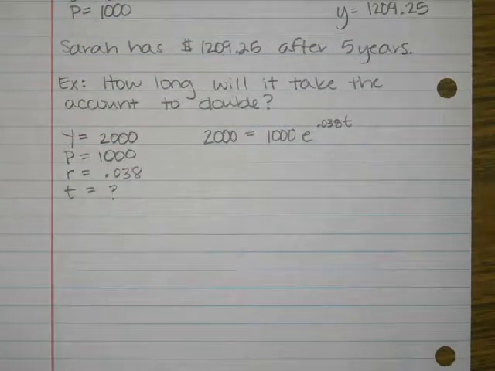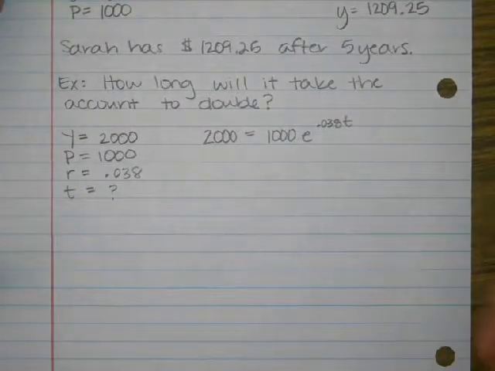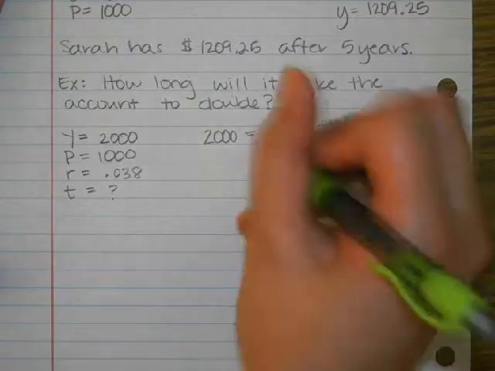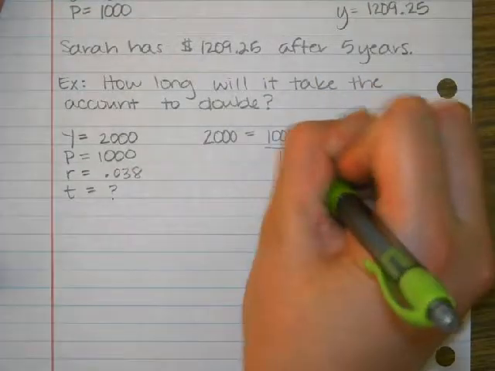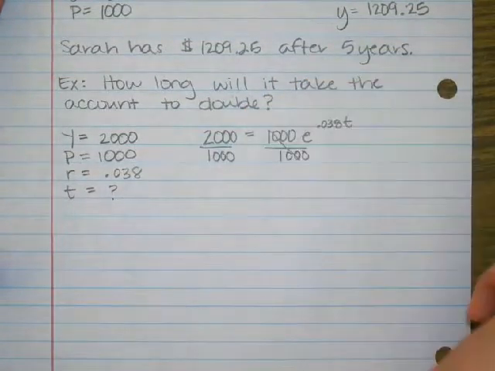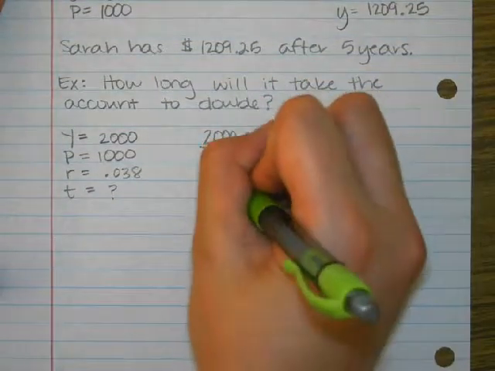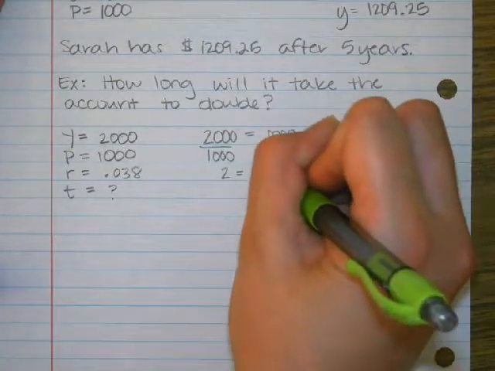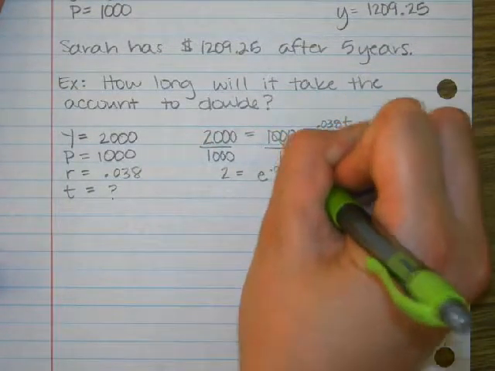So our goal is to get to the t. What can we move away from t? The 1,000. How do we move the 1,000 away? Divide. So 2 equals e to the 0.038t.